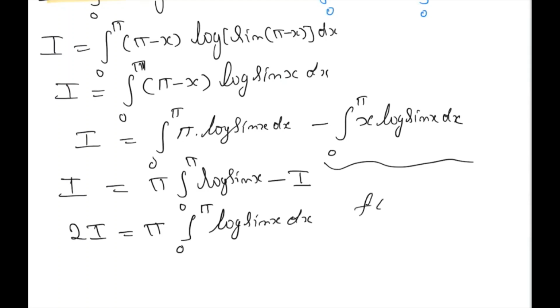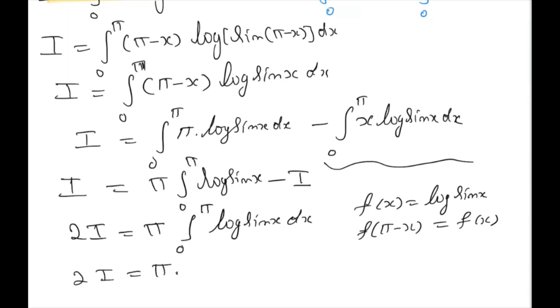So here, if I take f of x as log of sin x, then f of pi minus x will be again f of x. So this integral reduces to 2 times the integral from 0 to half of the upper limit, pi by 2, of log of sin x dx.